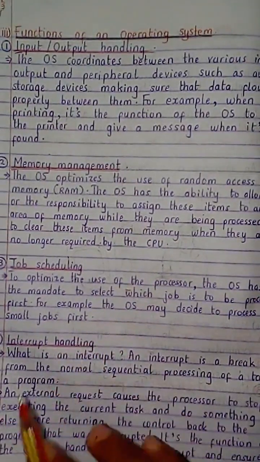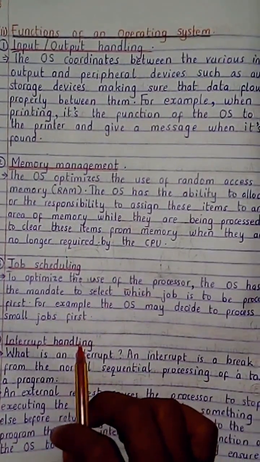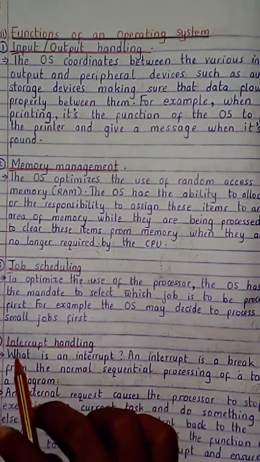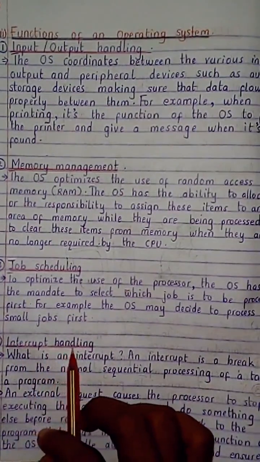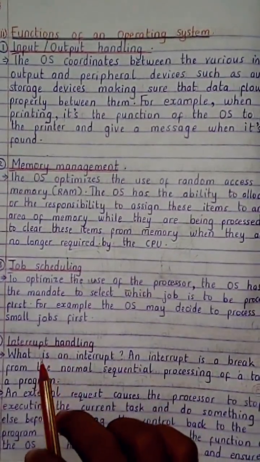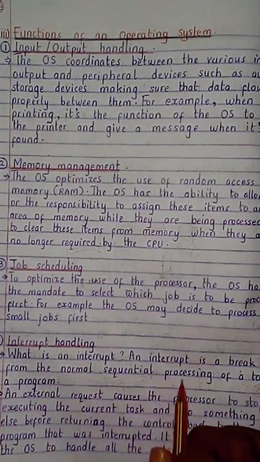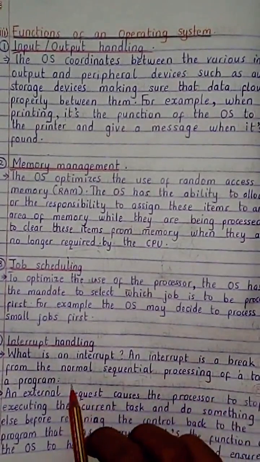So until now we have got 3 functions of the operating system, and we are going to the 4th function, that's interrupt handling. As you can see, we're supposed to know what an interrupt is. An interrupt is a break from the normal sequential processing of a task in a program.